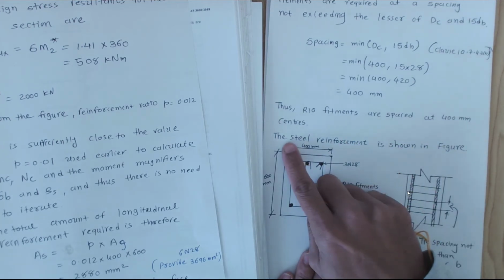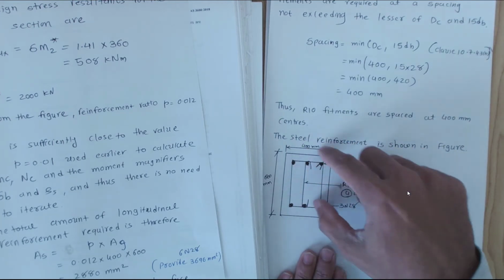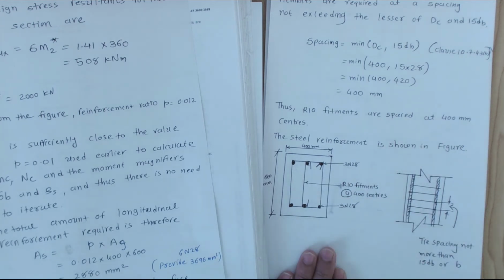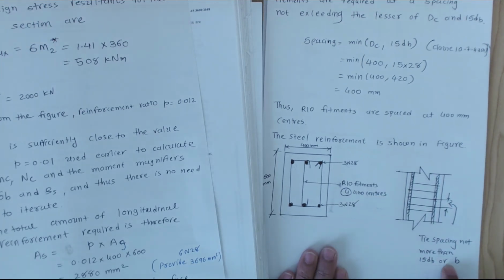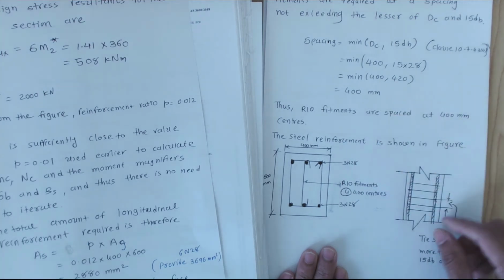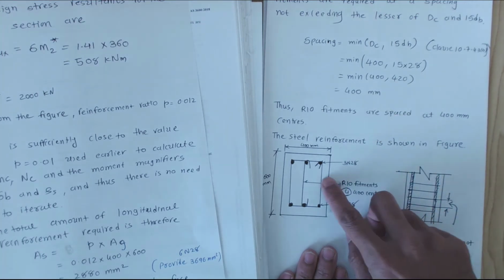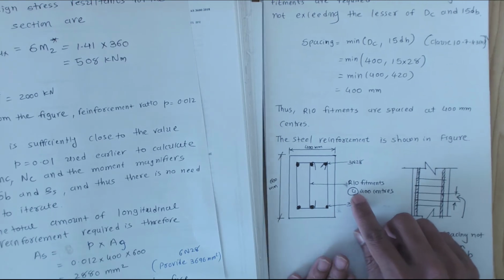So the longitudinal reinforcement is shown in the figure, with R10 fitments at 400 centers. The spacing you are seeing here is the longitudinal spacing of the fitments, the Dc or 15 db.